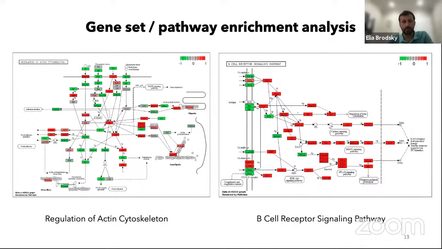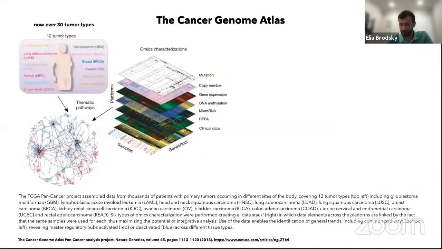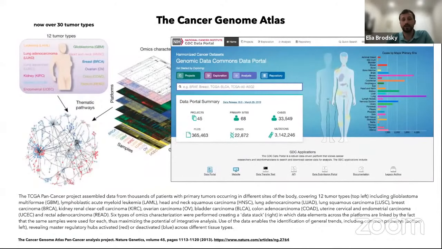And so one of the repositories that we will turn to is what's called the Cancer Genome Atlas, or TCGA. Now, TCGA is a very important repository of thousands of samples collected from patients that have many different types of cancer, so coming from different tissue and body sites.